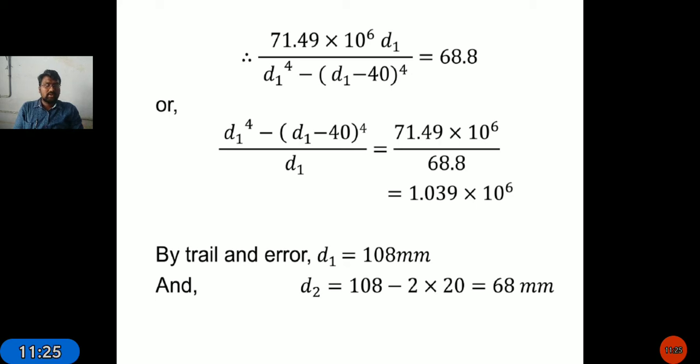By simplifying this equation by trial and error method, we get the value of d1, that is the external diameter, as 108 mm. By substituting the d1 value in the equation for d2, we get d2 as 68. The difference between d1 and d2 is 40. Like this we can calculate the diameters of the hollow shaft.